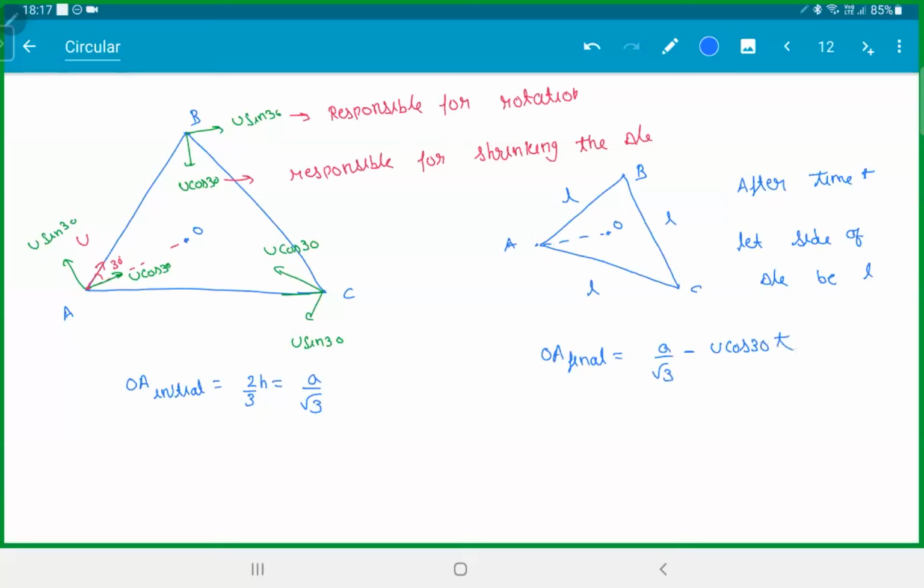Does this make sense? The distance from A to O will decrease by u cos 30 into time, and this we are calling L by root 3, where L is the side of the triangle. u cos 30 will be root 3 by 2, so root 3 u by 2 into time. This is the side of the triangle at time t.